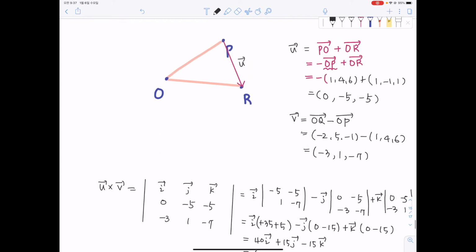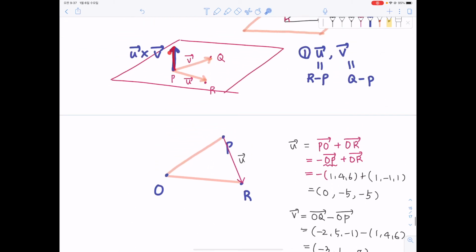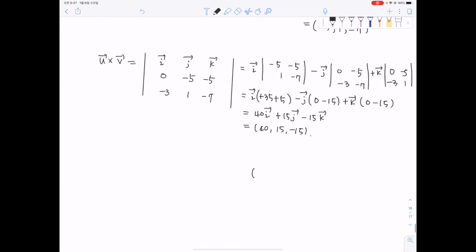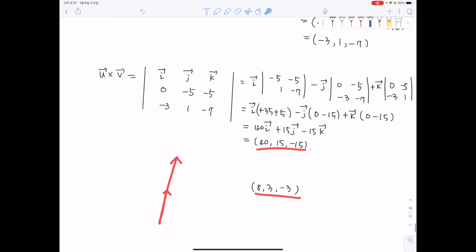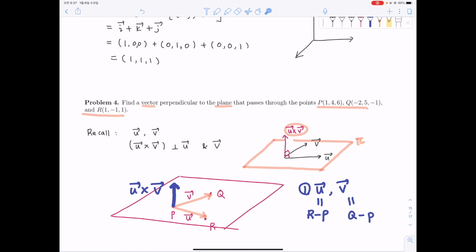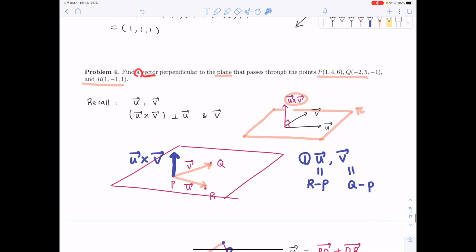So we only need to focus on the direction of these vectors. So you can finish like this, or if you want, you can divide it by 5. Then you get 8, 3, minus 3. It is also an answer to the question. We only want to find one vector perpendicular to the plane.